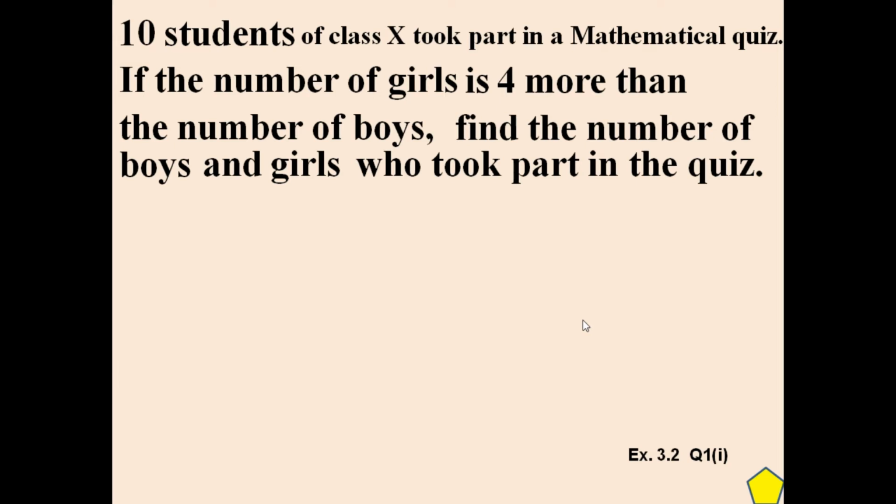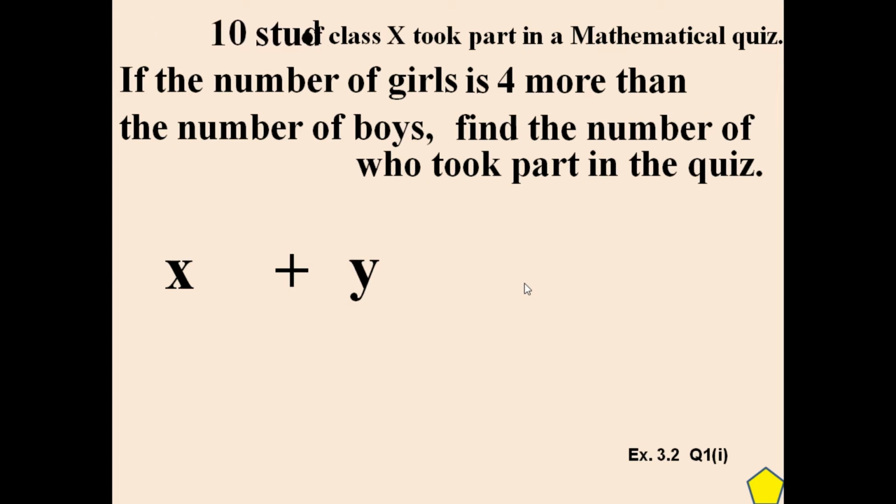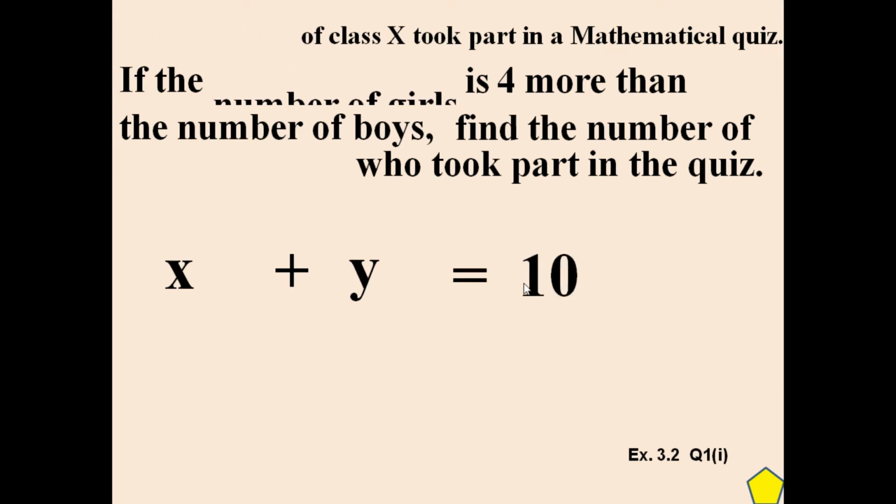So the next question that we are taking is where there are 10 students who are taking part in a mathematical quiz. So we are assuming let the number of boys be X and let the number of girls be Y. Since there are a total of 10 students, X plus Y becomes equal to 10.